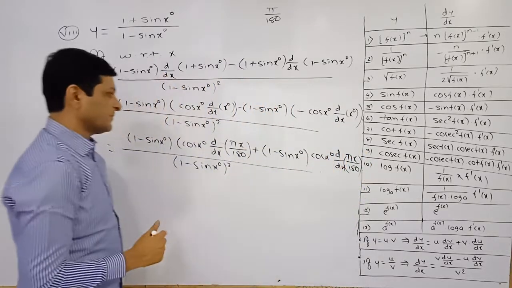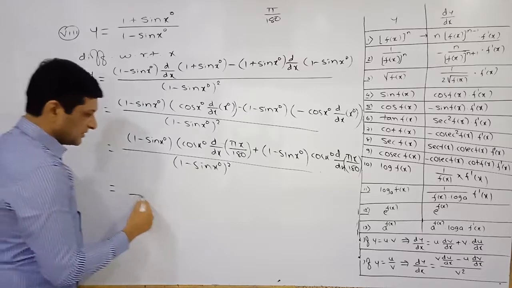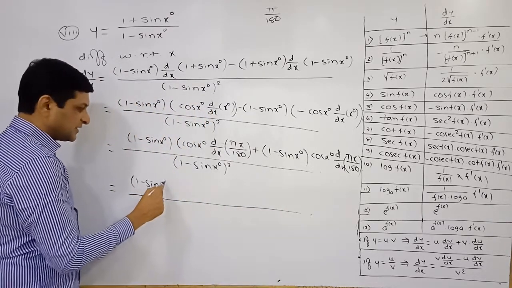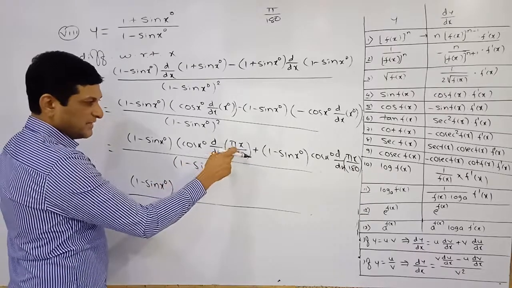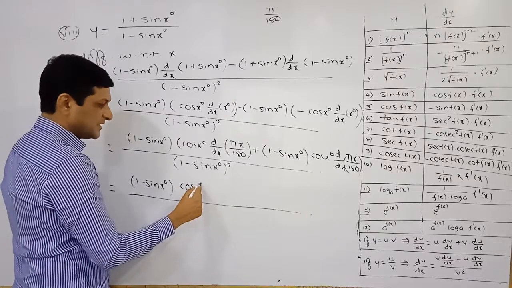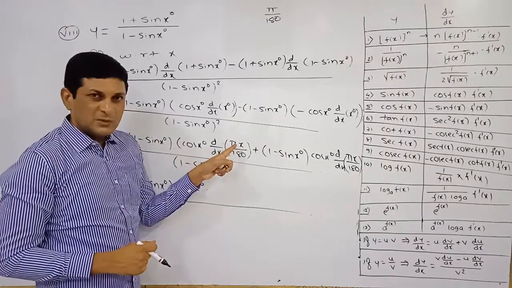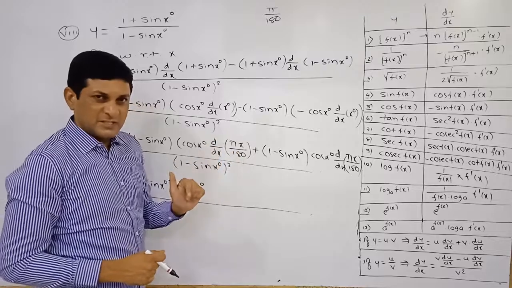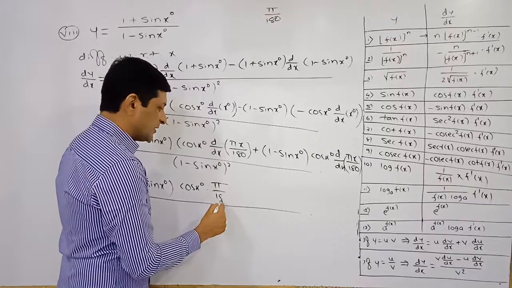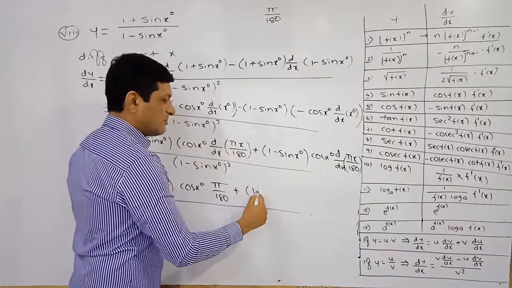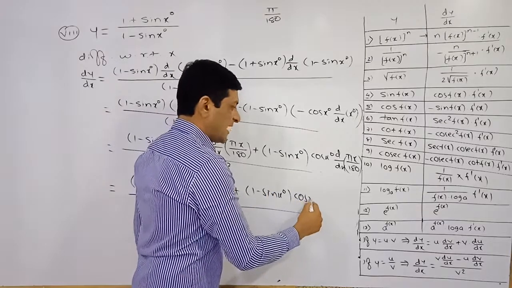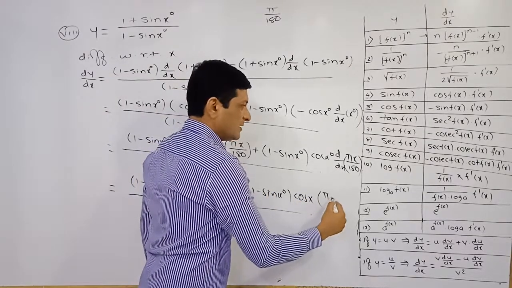So this equals, in the numerator, 1 minus sin x degree, keep it as it is. Here we will get cos x degree into, we know that whatever the coefficient of x is will be its derivative. Here the coefficient of x is pi upon 180, so its derivative will be pi upon 180, plus 1 minus sin x degree, keep it as it is, and this cos x also as it is into pi upon 180.